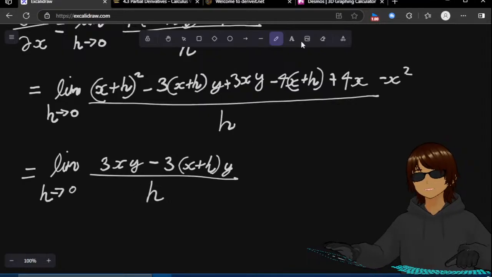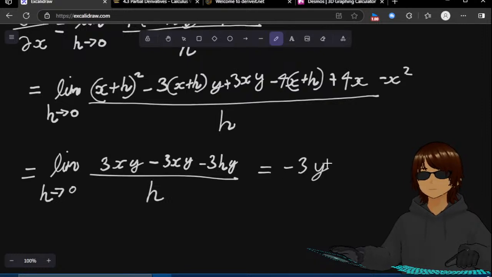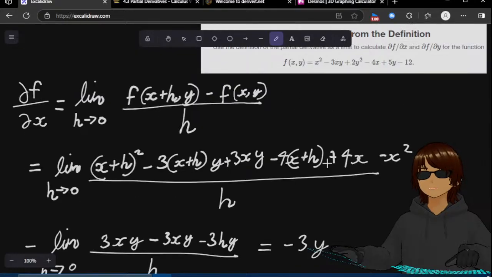And then I can expand this and write 3xy minus 3hy. This and this will cancel out. I'm left with minus 3y. I don't even know if this is correct.